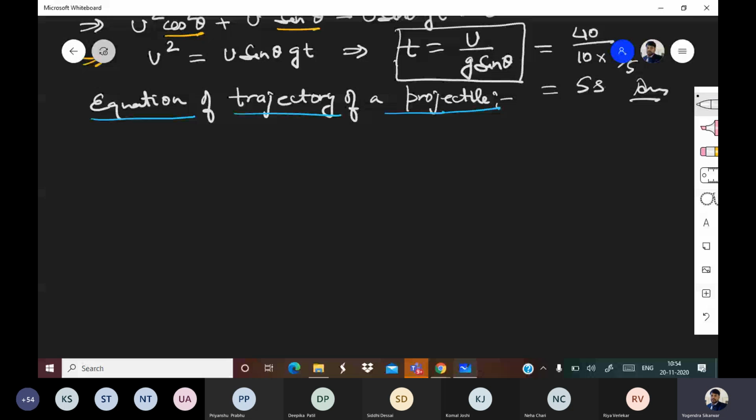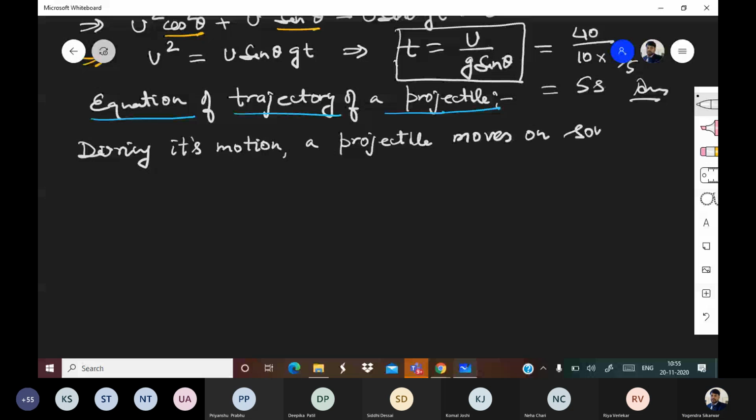During its motion, a projectile moves on some path, through some points, right?